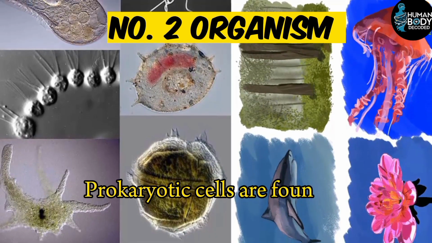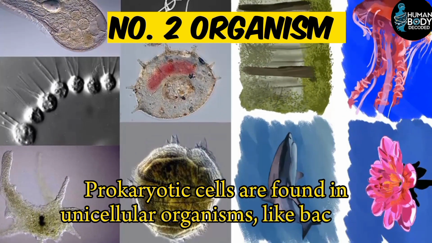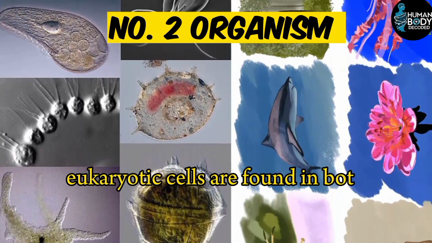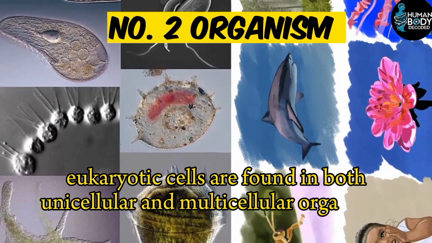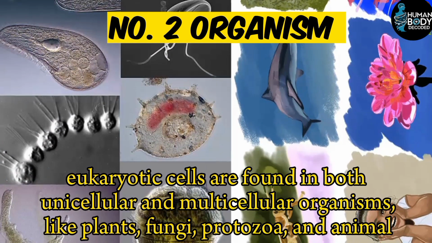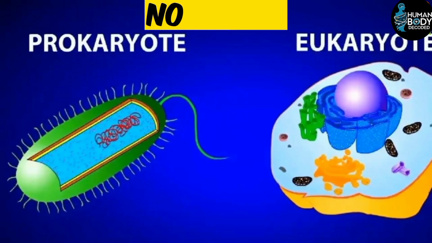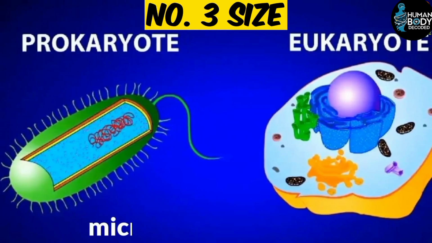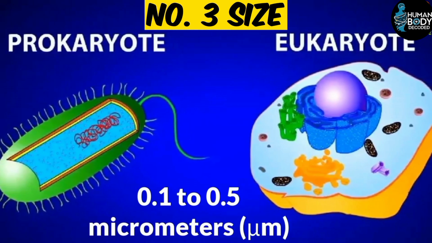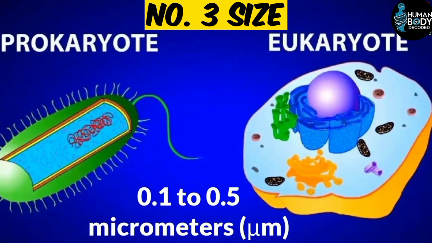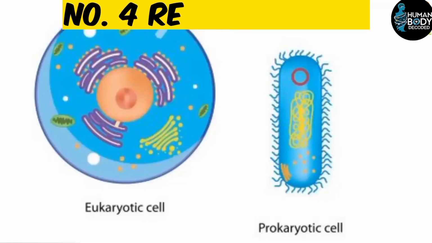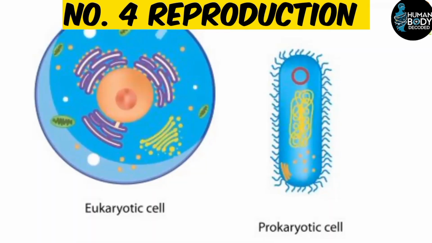Prokaryotic cells are found in unicellular organisms like bacteria, while eukaryotic cells are found in both unicellular and multicellular organisms like plants, fungi, protozoa, and animals. Difference number 3, size. Prokaryotic cells range from 0.1 to 5.0 micrometers, while eukaryotic cells range from 10 to 100 micrometers.